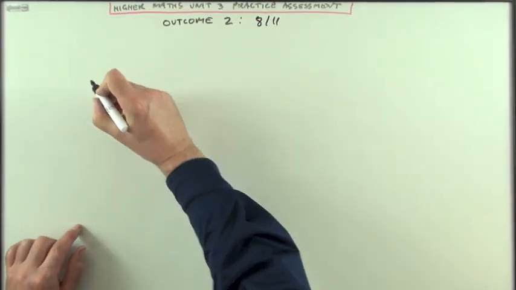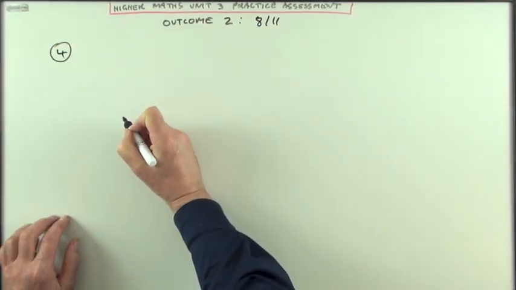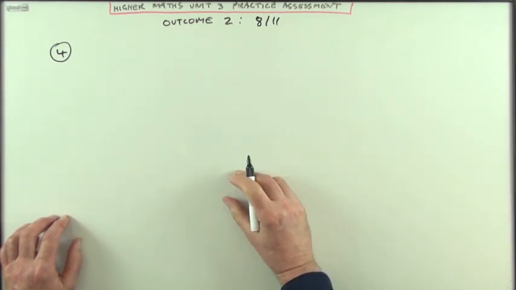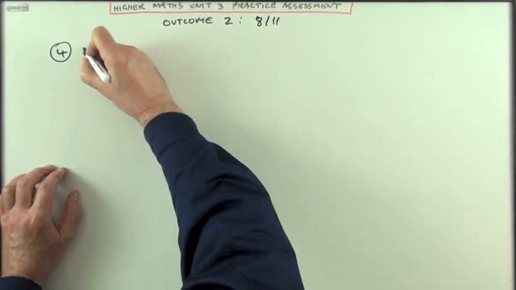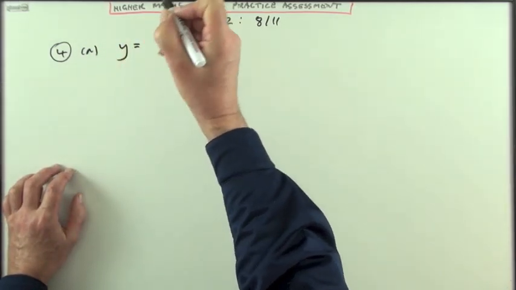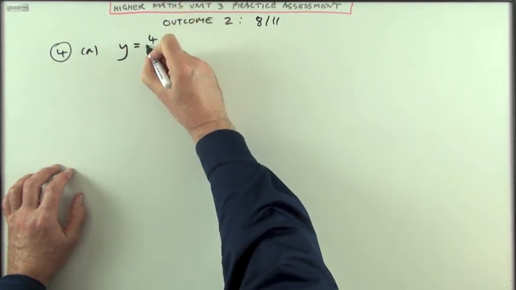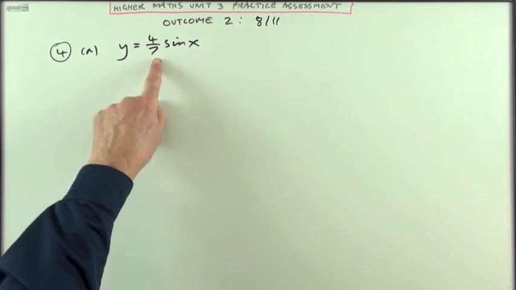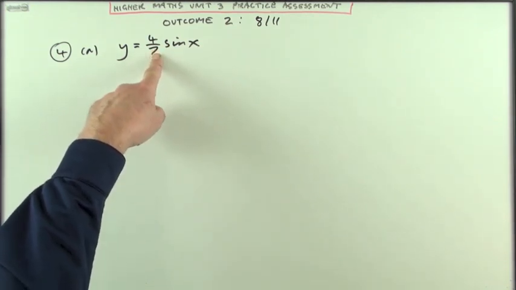So question 4 then, which is the first one, for just 2 marks, will be differentiate a sine and differentiate a cos, but expressed the 2 different ways. So in 4a, it will say if y is equal to 4/7 of sine x. And of course it doesn't matter at all what this coefficient looks like.